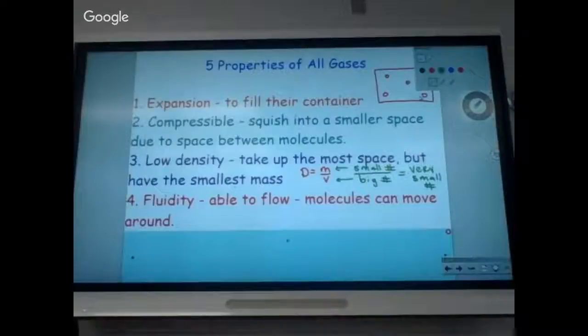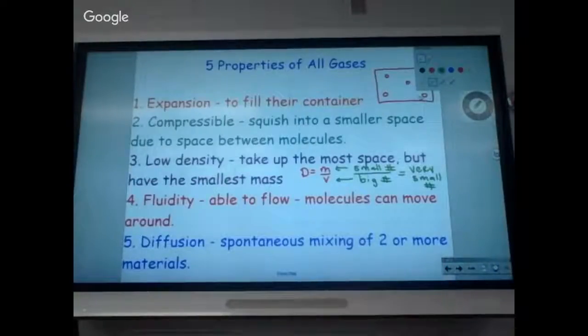Their molecules don't move. If I tried to walk through this door, what would happen? I'd probably hurt myself. I can't get through there. The solid molecules don't move. That's what happened when I hit the sidewalk. It didn't give. It's not pretty.